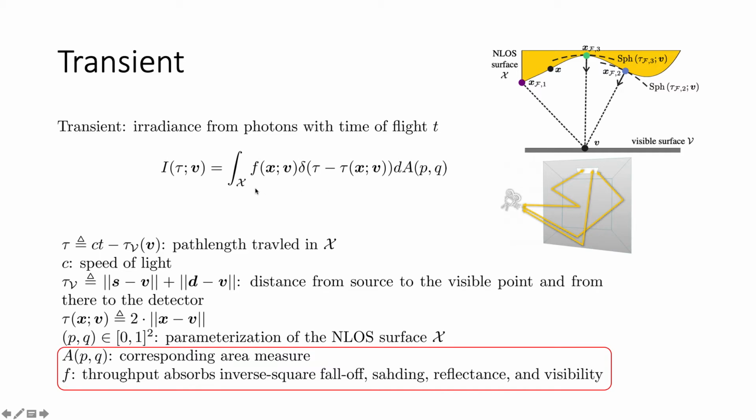Here, the function f is the radiance throughput of the path, which depends on the geometry and the material of the scene, the spatial angular emission of the light sources, and the spatial angular sensitivity of the sensor. The delta function indicates that we just measure the points on hidden surfaces whose distance to point v is 0.5 tau. And here dA(p, q) is the corresponding area measure.